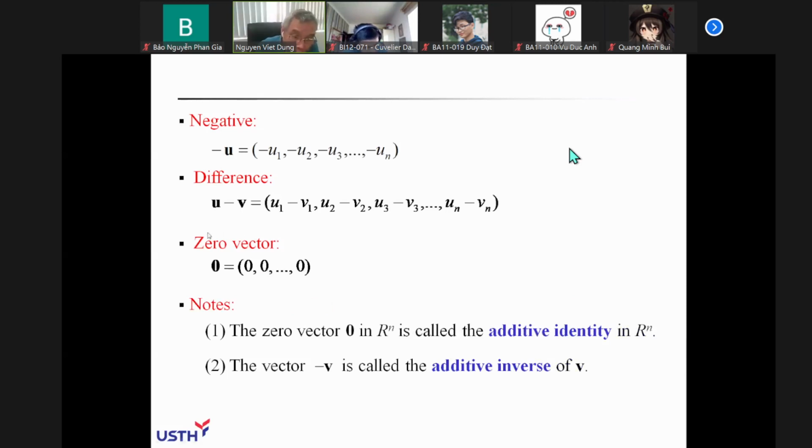The zero vector, I mean the bold zero here, will be called the additive identity in R^n. And the negative of u will be called the additive inverse of u. I am going to return to those names later.